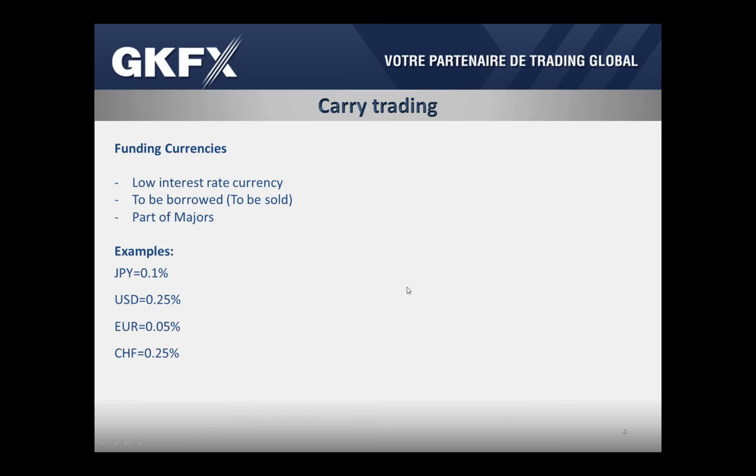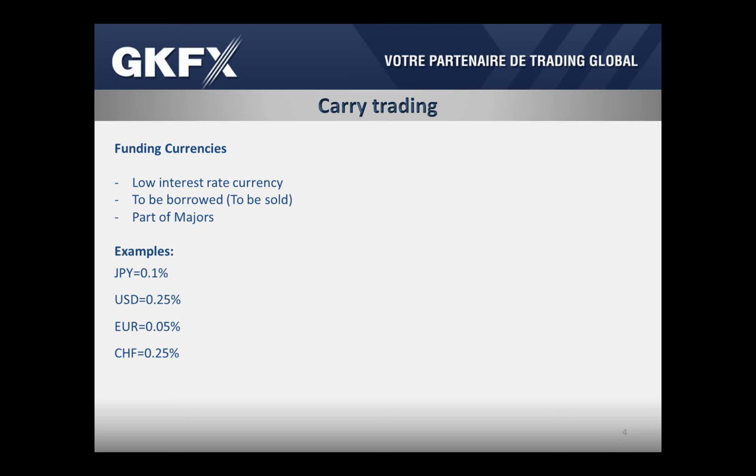So, about carry trading, you have to differentiate two kinds of currencies. The first category, funding currencies, are low interest rate currencies to be borrowed, to be sold, and usually they are part of the major currencies: yen, USD, euro, Swiss franc.